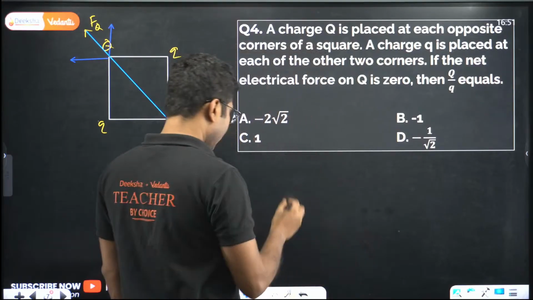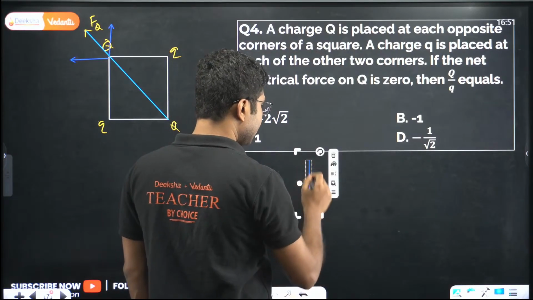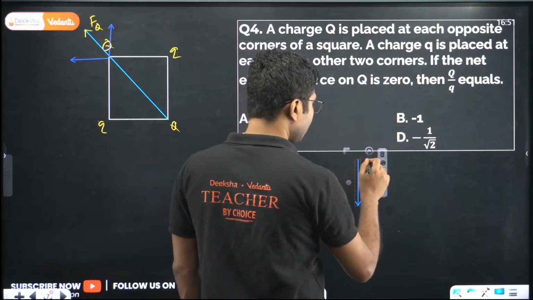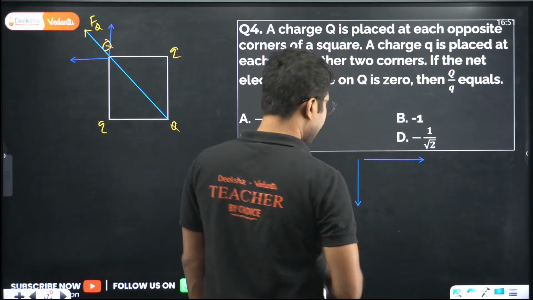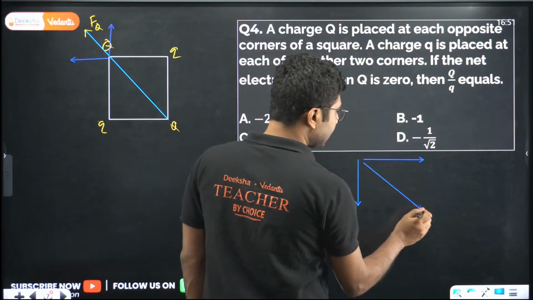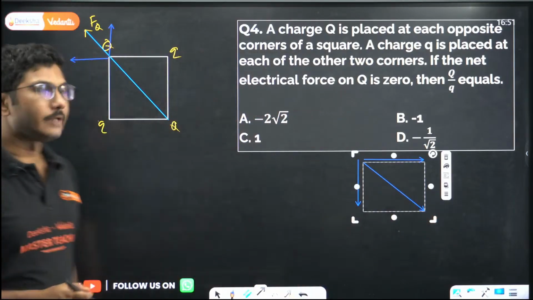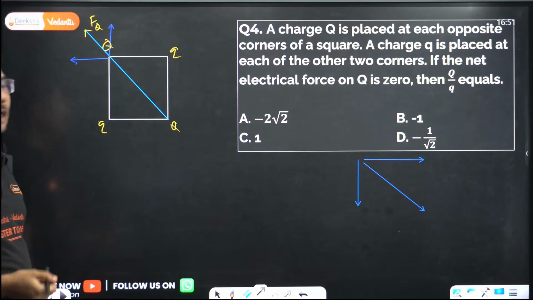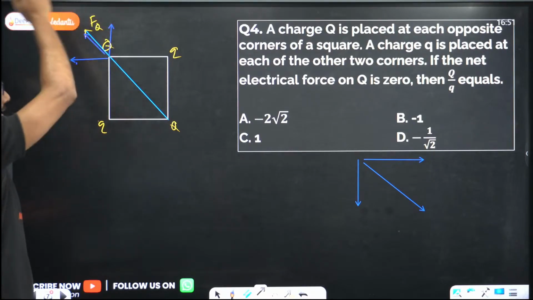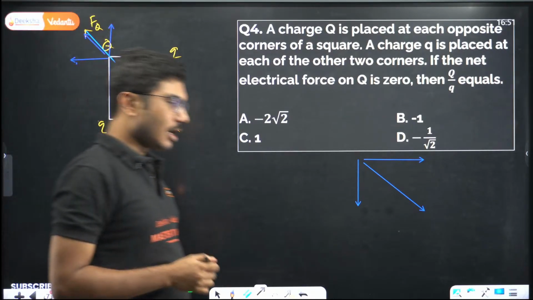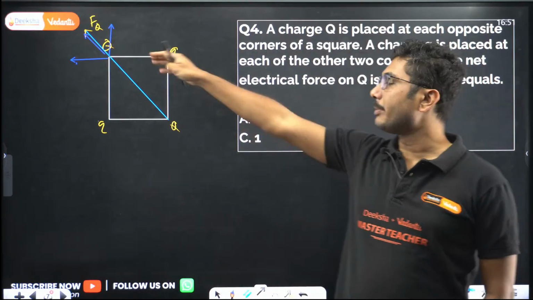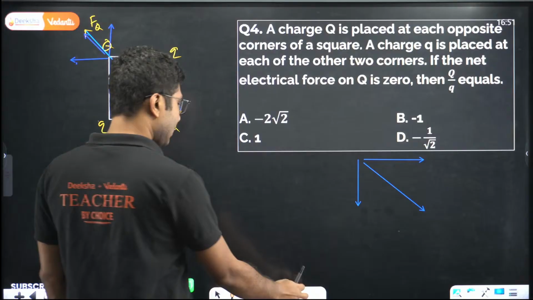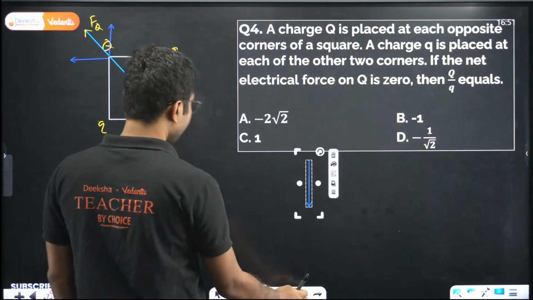If you draw two arrows like this, their resultant force will be along this direction. So their resultant is in the same direction as the original repulsive force, so it will not be able to achieve an equilibrium position or zero force. That means the assumption that both charges are positive is wrong.